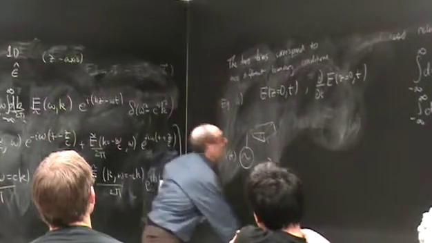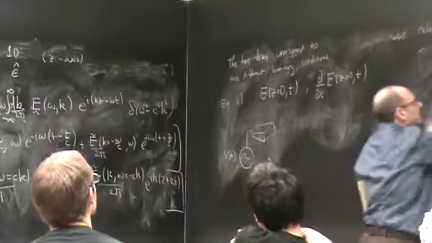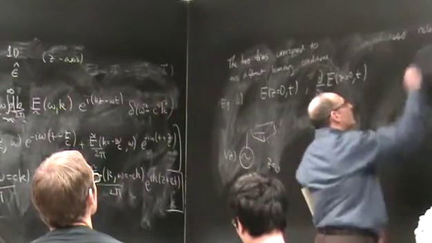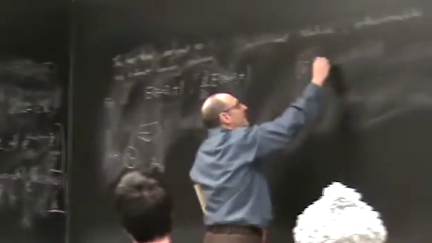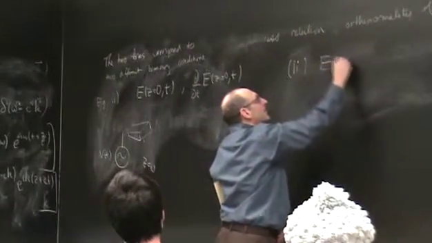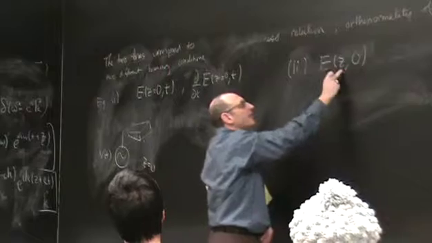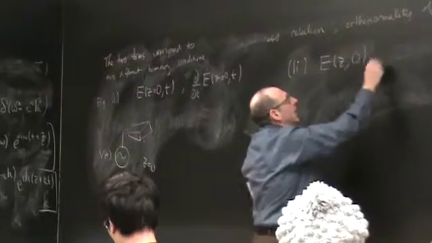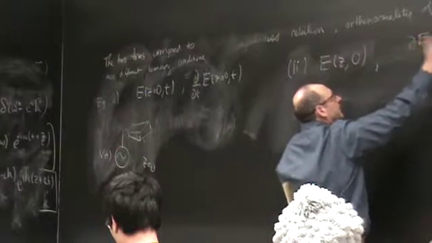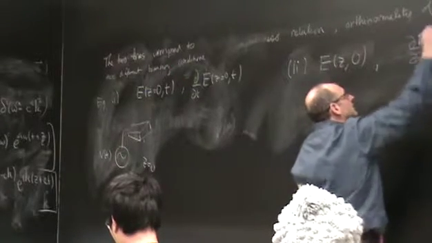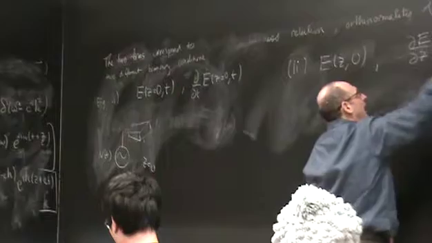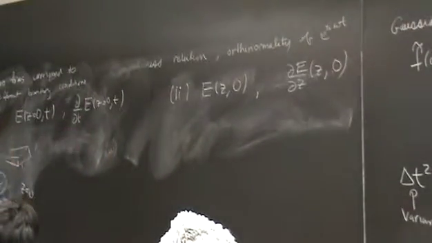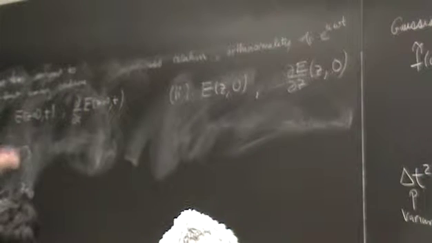On the other hand, I might have a different situation where for form 2, what I'm given is at the initial time, I'm given the field everywhere along the z-axis, and I'm given its derivative everywhere along the z-axis at the initial time. This is the initial time problem as opposed to the initial space problem.